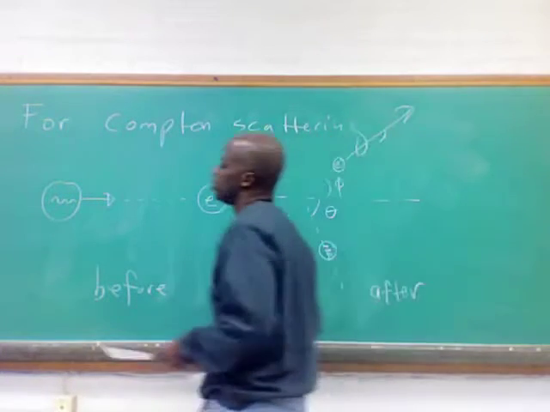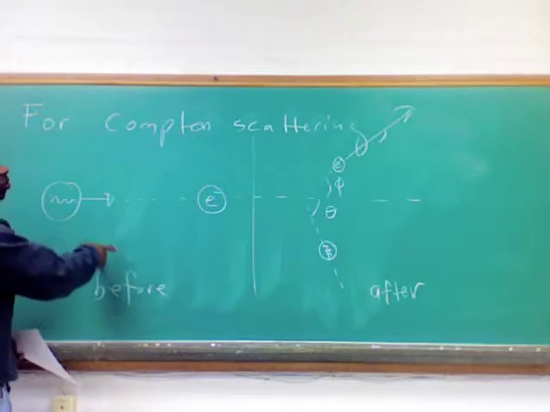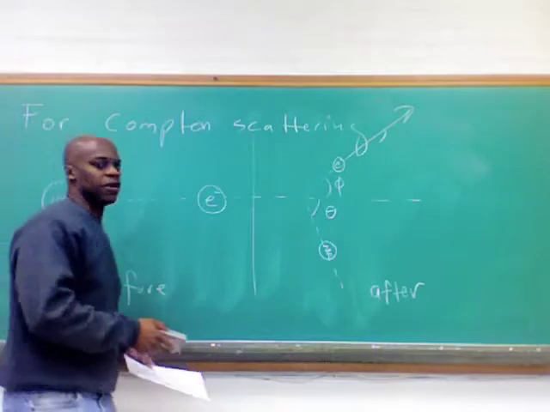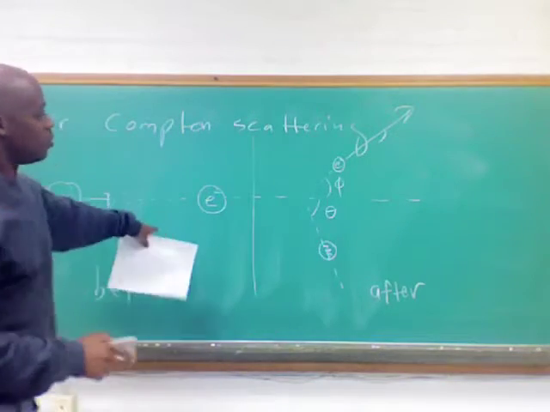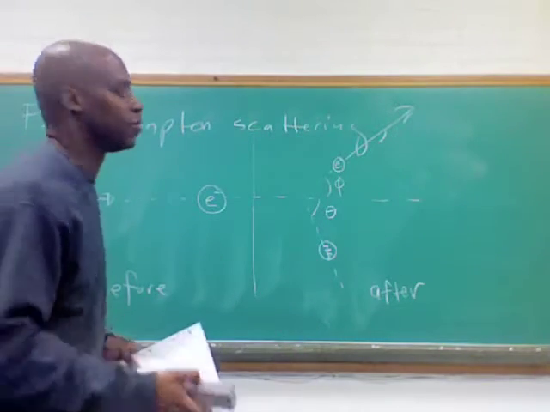So if I wanted to look at what the energy is before and the energy is after, I can write up an expression. And if I wanted to find out what the momentum was before and the momentum after, I can write an expression. So let's do that now.